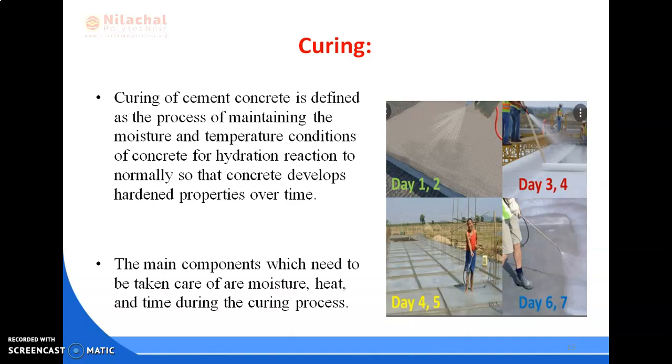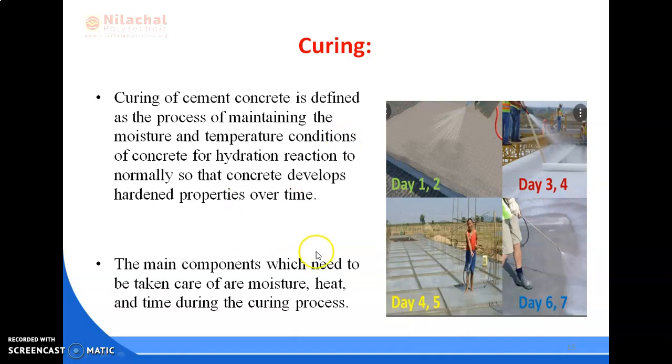The main components which need to be taken care of are moisture, heat and time during the curing process. Curing protects the concrete surfaces from sun and wind, and the presence of water is essential to cause the chemical action which accompanies the setting of concrete.